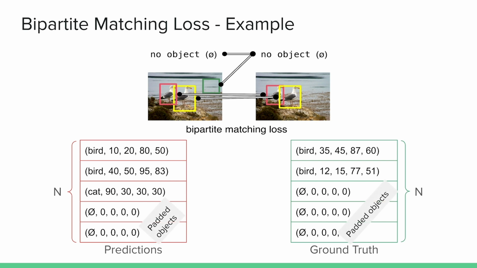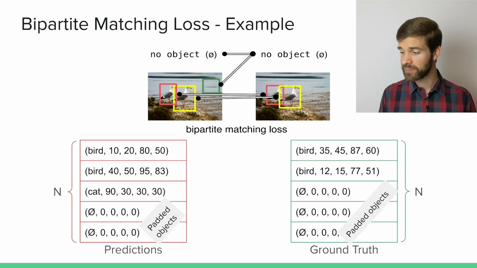The first thing we see here is that we have a fixed maximum set of predictions that we're allowed to produce. And if there are no more elements in our input, then we just pad those objects to always have a fixed-length set here.